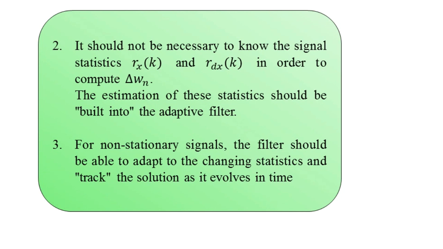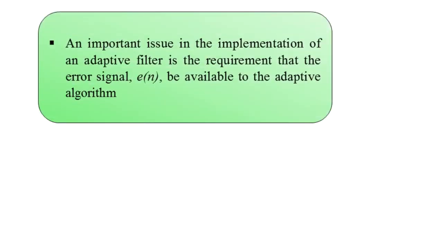This underlies a very important issue while implementing such an adaptive filter: there is a requirement that the error signal, denoted E of n, as in the previous representations, should be available to the adaptive algorithm. This E of n allows the filter to measure performance and determine how the filter coefficients should be modified. Without E of n, the filter would not be able to adapt.